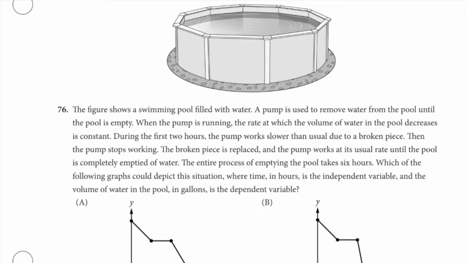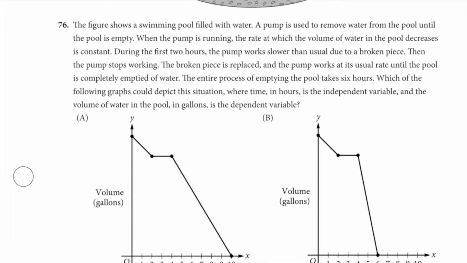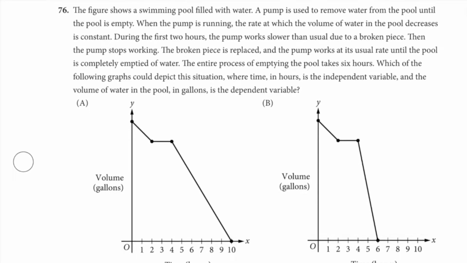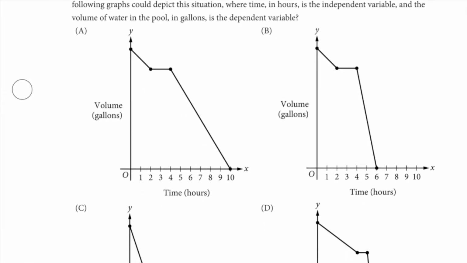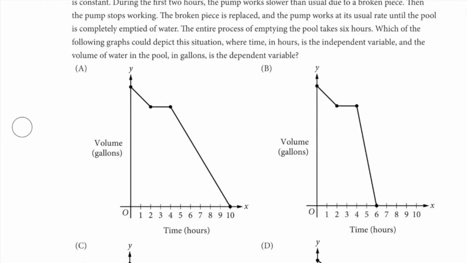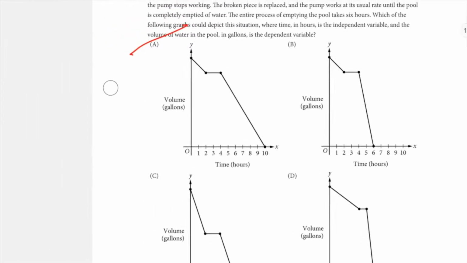Okay, so slow, then stops working. And then after the piece is repaired, it goes faster. So I should be getting steeper. Okay. The entire process took 6 hours. So get rid of A. That's the only one that didn't take 6 hours.